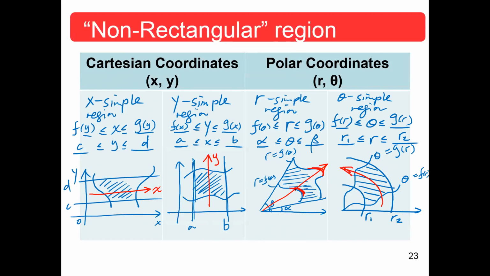Previously it was for r simple, so in the r direction, radius direction. This time it will be in the theta direction because theta goes circularly. So theta direction intersects, first of all, theta equals f of r. Secondly, theta equals g of r. So that's going to be the theta simple region.